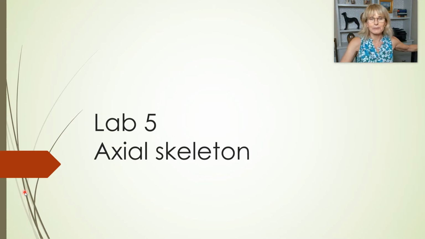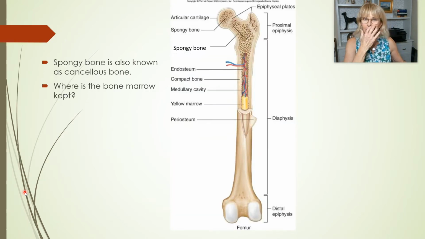Alrighty, let's get going. So let's start off with the parts of the bone. This is something that you should already know from the lecture part of the class, but every long bone, bones like your finger bones or your forearm bones, your humerus, these are known as long bones.